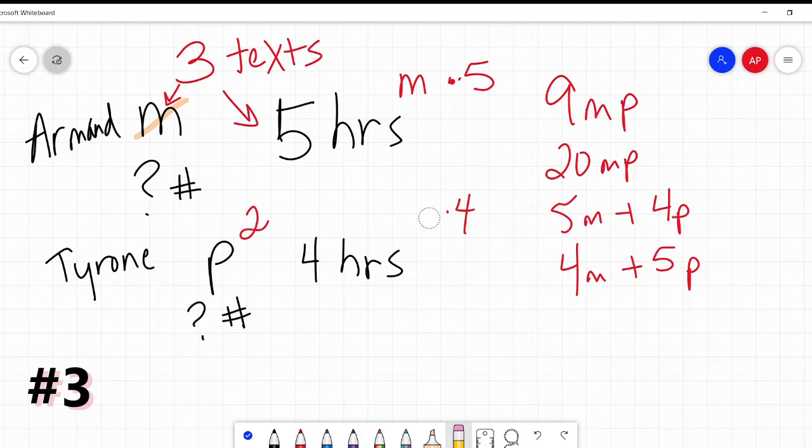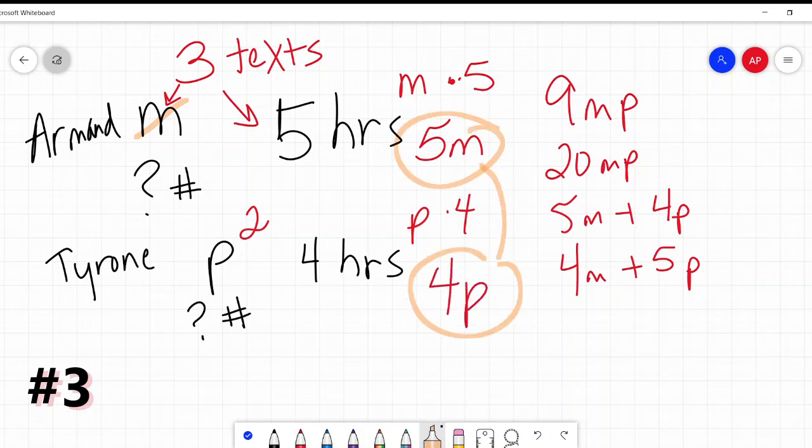But it's not a 2, it's a P. This unknown number is P. So P times 4. We can write M times 5 as 5M. We can write 4 times P as 4P. So the grand total would be to add these together, or, oops, I circled the wrong one. Sorry. Option C, 5M plus 4P. There you go.